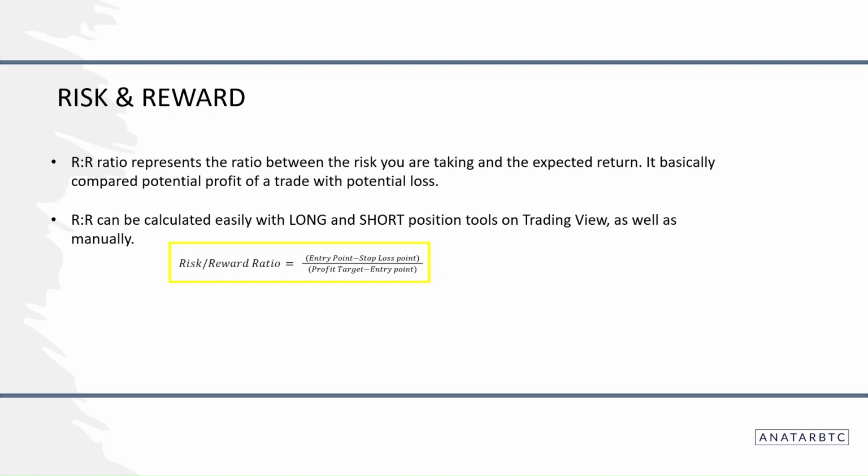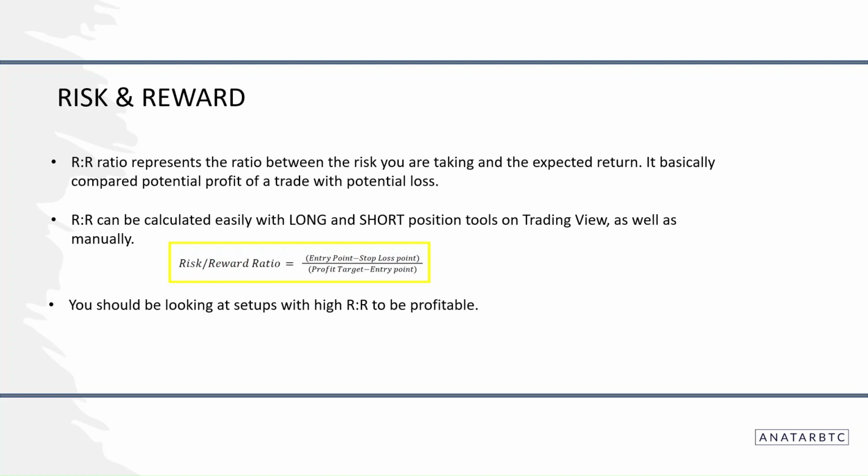I'm going to show you how to calculate your risk to reward ratio on TradingView. You should be looking at setups with high RR to be profitable. So risk to reward ratio and your win rate are correlated, and managing this correlation will help you become profitable. I'll explain this.